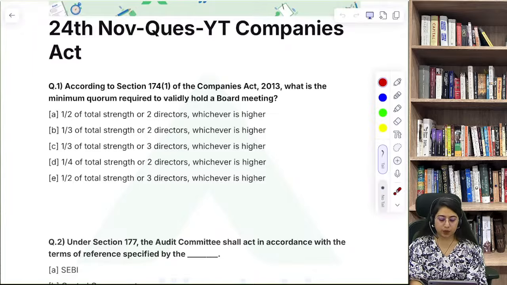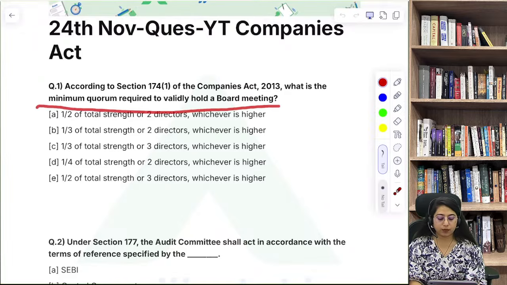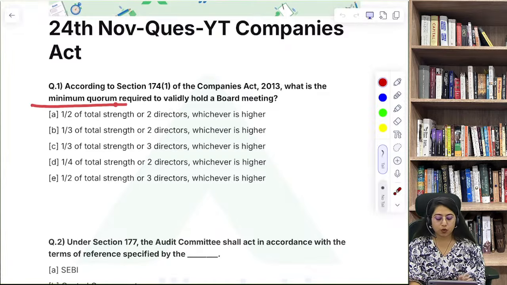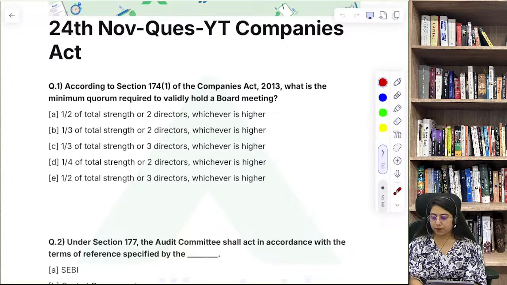Now, this question we have done multiple times in previous videos in multiple ways, whereby we have been discussing the quorum for the board meeting.